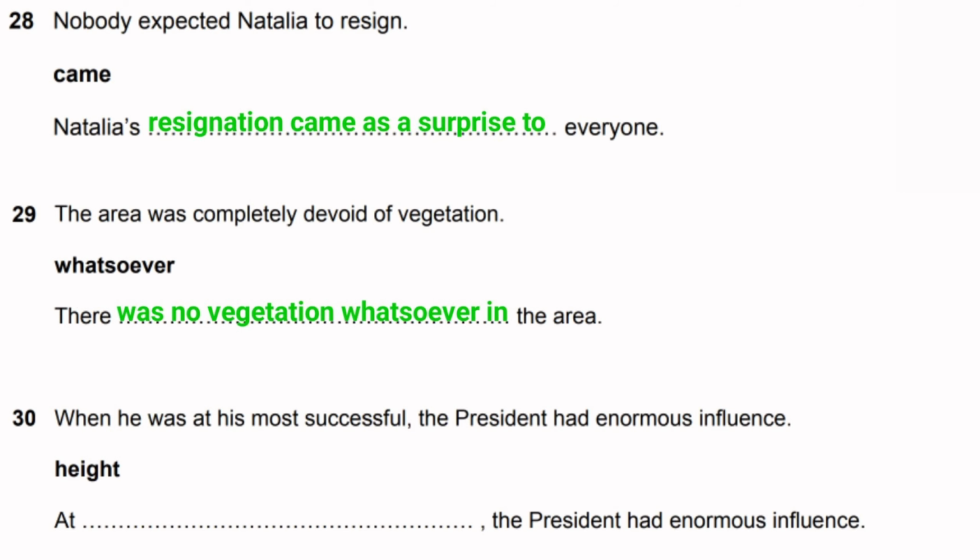So let's have a look at the last question then, see if you got it right. The last question on today's exercise then, number 30. When he was at his most successful, the president had enormous influence. Height, so an expression with height here. At the height of his success, the president had enormous influence.